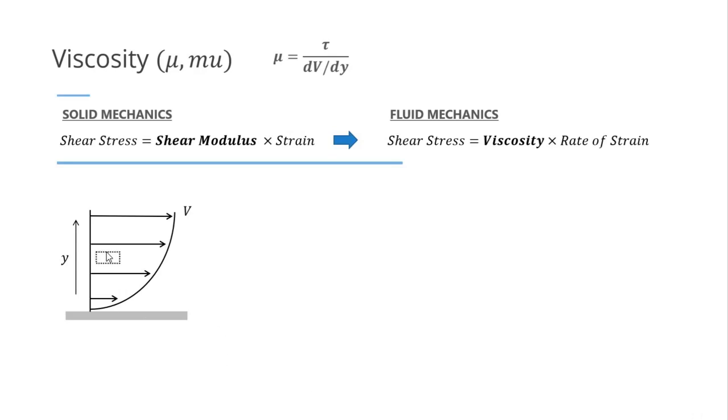Initially, we have this rectangular element. Since the top surface has higher velocity than the bottom, this will cause deformation or strain with respect to time, thereby causing an inclination on the sides of the rectangle.